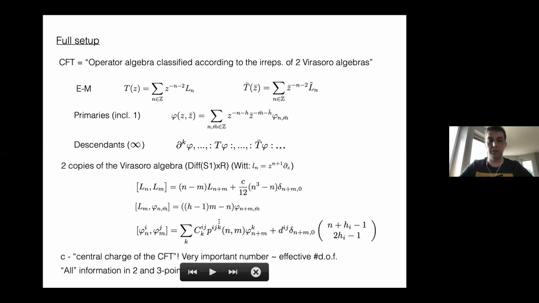And they only have two non-trivial ingredients, namely these coefficients C_ij and D_ij. The C_ij's basically are 3-point function coefficients and D_ij's are 2-point function coefficients. And once you specify those two sets of numbers, together with the spectrum, then this is more or less all you want to know about your conformal field theory. So this is the setup.